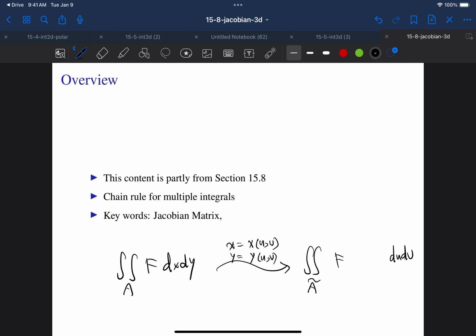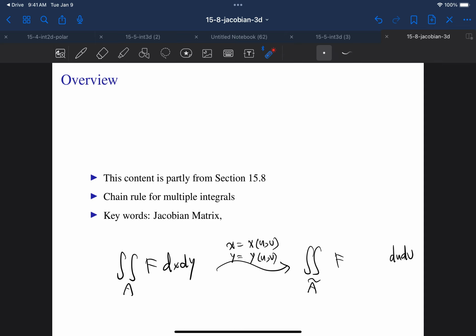It is another shape, which I call R tilde, and then f is the same, but you want to replace all the x and y's using these functions into functions of u and v.